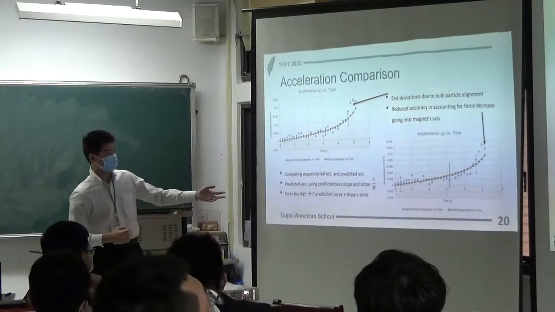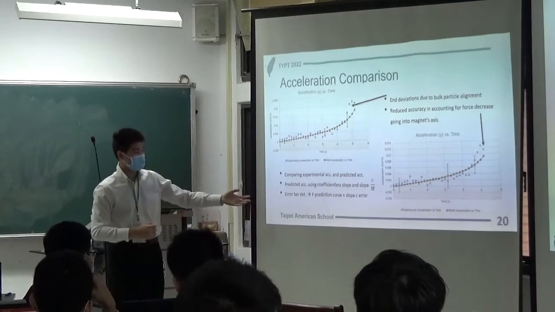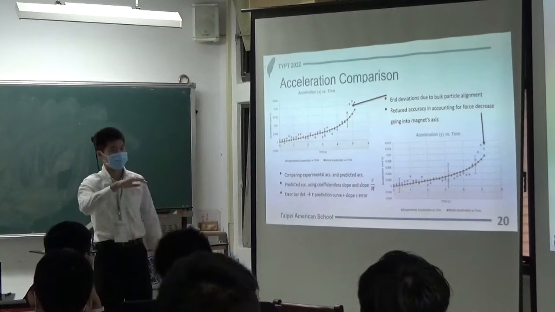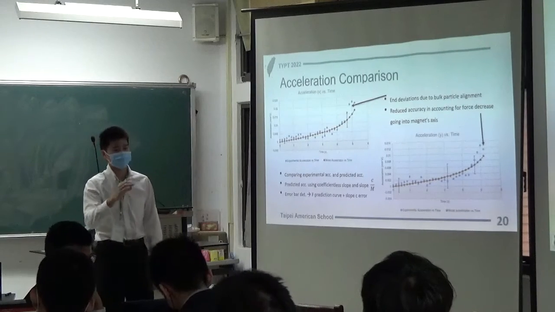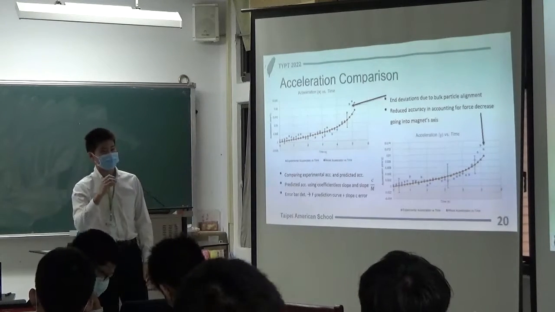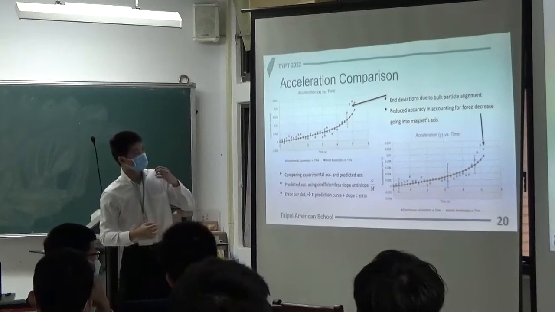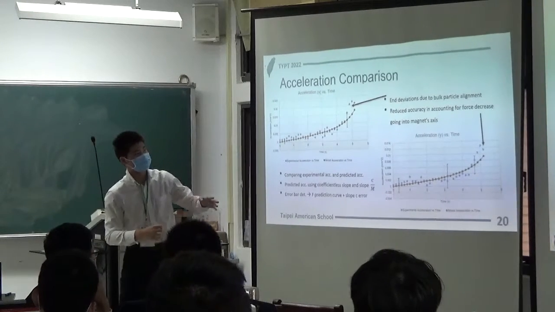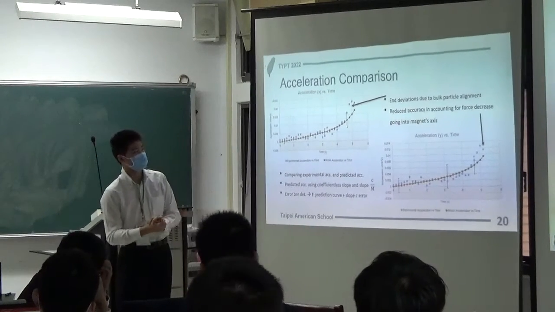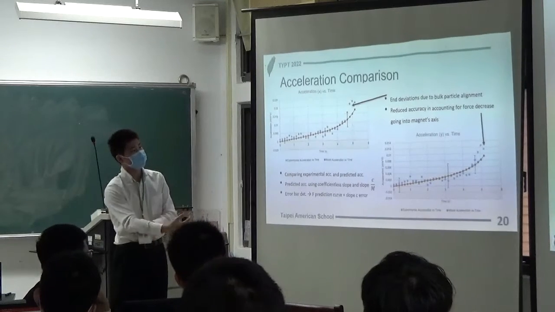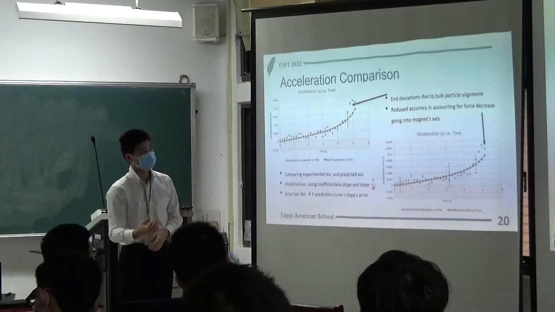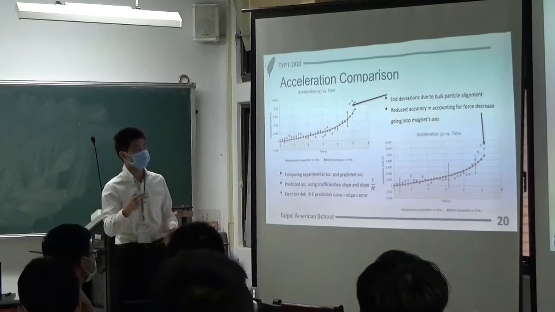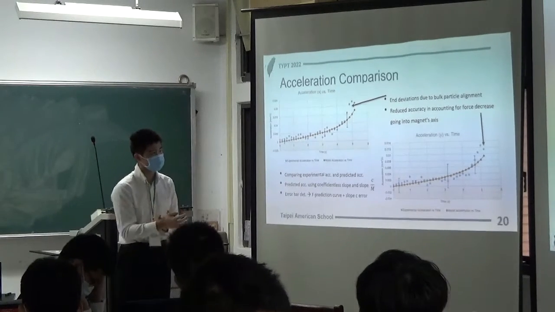All right, and as you can see, we also included some error bars because the force prediction curve that we got was not exact with the actual positions of the force values. And as you can see, there are also some deviations in the measurements, and I'll talk about them later. One of them is due to particles bulking together, and the other one is the reduction in force as you get very, very close to the magnet axis.